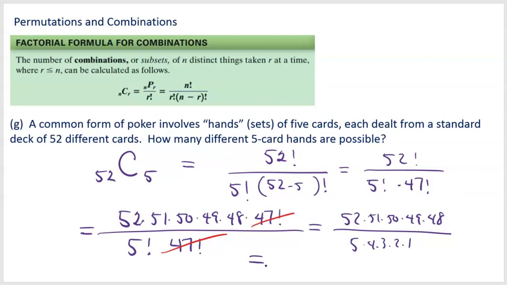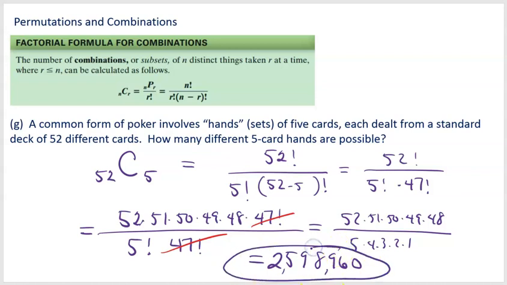And that gives me a big number, 2,598,960. And that's how many possible poker hands there are in a single deck of cards.